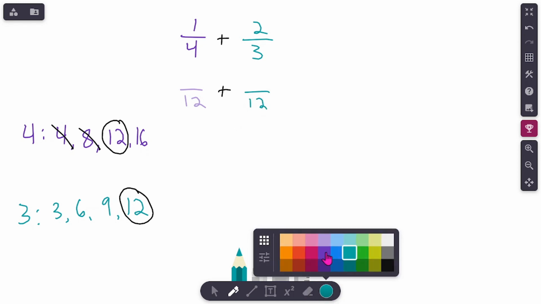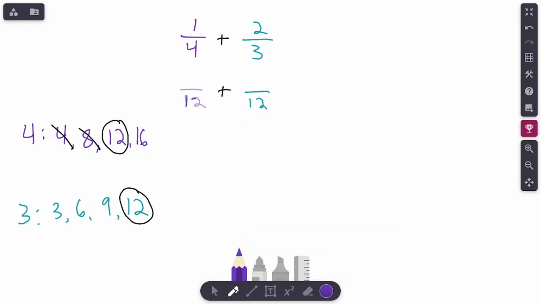This 4, we are creating an equivalent fraction, and this 4 is going to become a 12. And how is that going to happen? Is it magic? Are we just closing our eyes and all of a sudden it becomes 12? No. This is what we're doing.